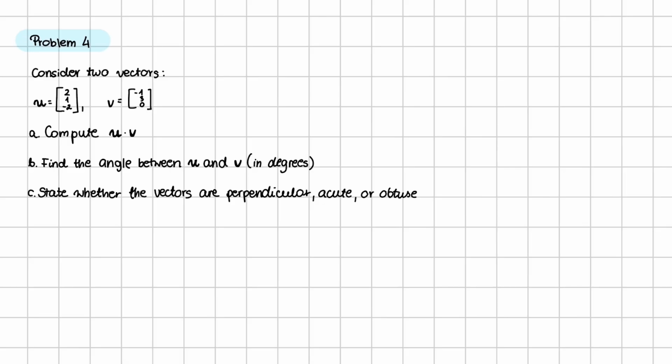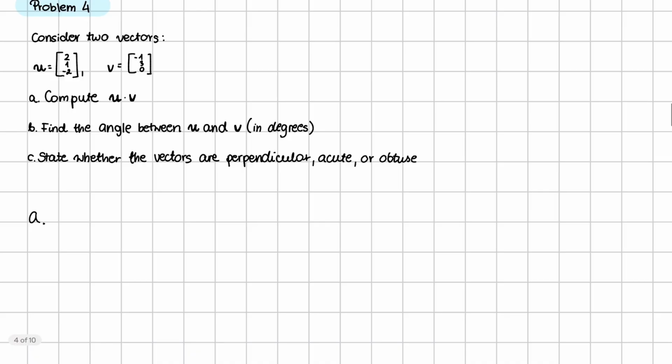Problem 4. Consider two vectors u and v, and in A we have to compute u times v. Firstly, we take our formula from the booklet, and the name of this formula is scalar product: v times w equals v1 times w1 plus v2 times w2 plus v3 times w3.